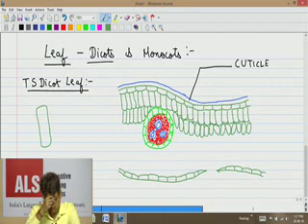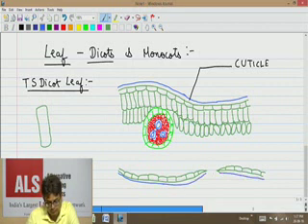Like this. Okay. All right. And in the rest of that space, let me fill these cells, which are the spongy mesophyll cells.